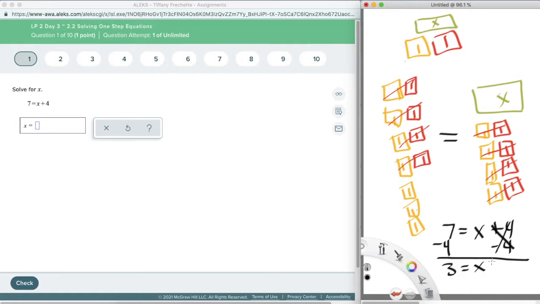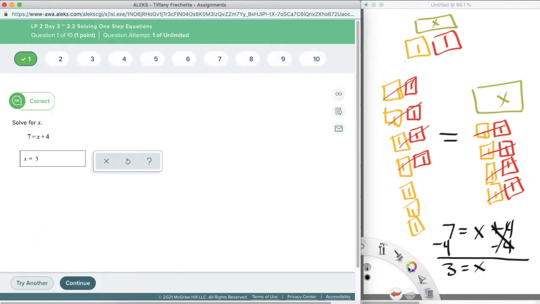And these 4 canceled also. That's why I'm only left with 3 here. So here's the visual, and here's the algebra that goes with it. So either way, we get 3. And again, this one is pretty easy to look at and figure out without all of this, but it's definitely helpful to understand all of these methods.